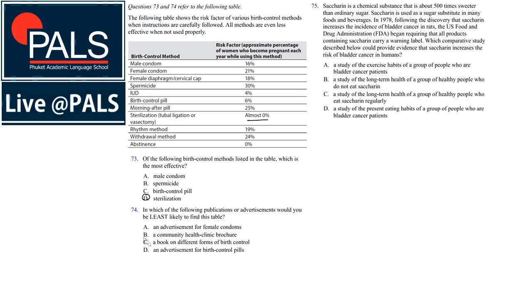So B and C are generally for general information about birth control probably, and that would be very helpful to include this table in there. So it's very likely to find this table in these two. The other two are advertisements, so that means promoting a certain product, and then we can compare the female condom to the birth control pills and their risk factor.